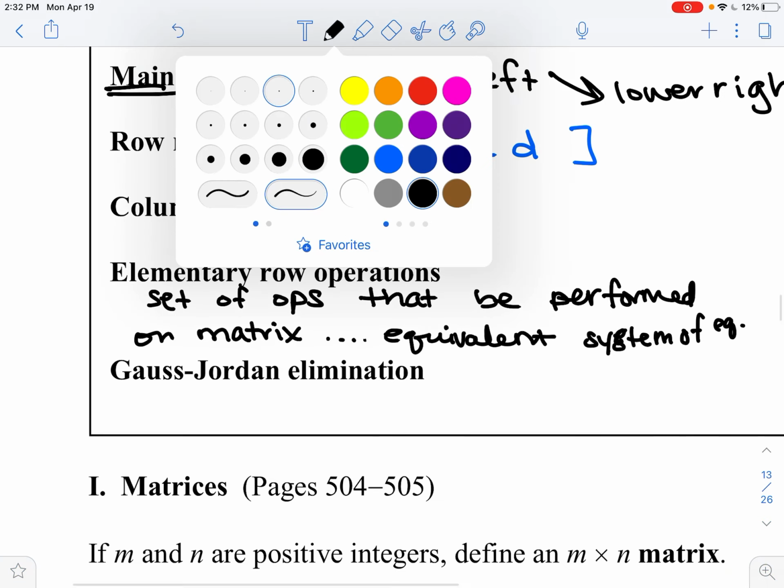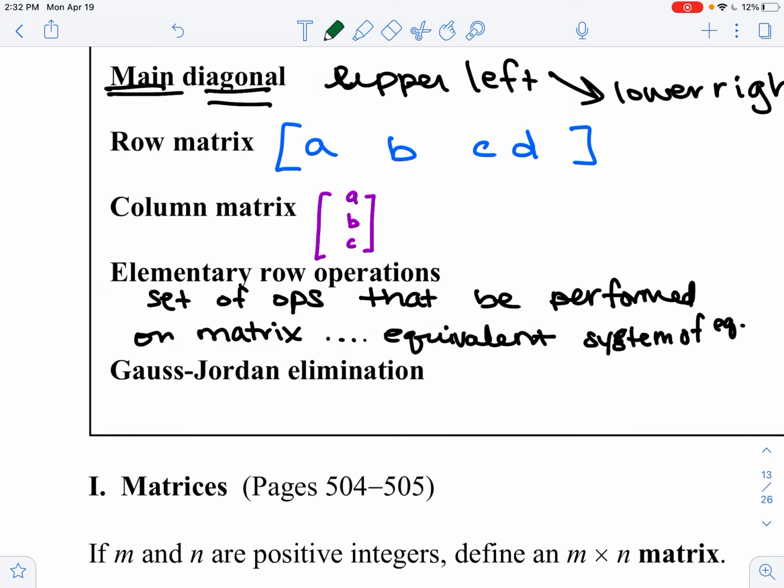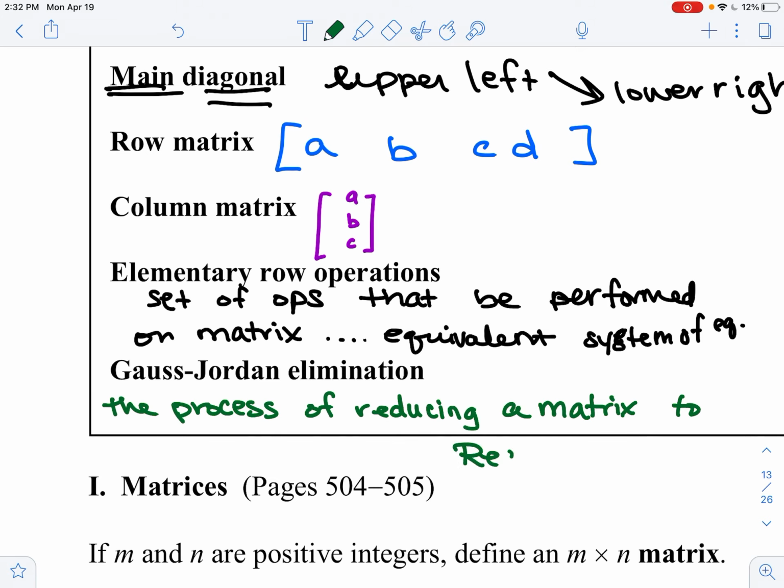And then Gauss-Jordan elimination is the process of reducing a matrix to reduced row echelon form.